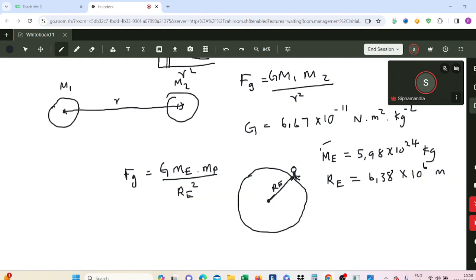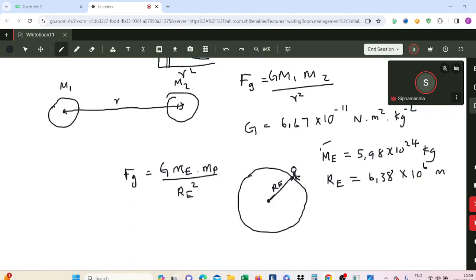Because you can see that the distance between these two objects will be the radius of the earth, because we have to start from the center of each object. If we are taking the distance from the surface to the person, that distance will be 0. But if we are starting from the center of the earth to the person, the distance that you will be using will be the radius of the earth.